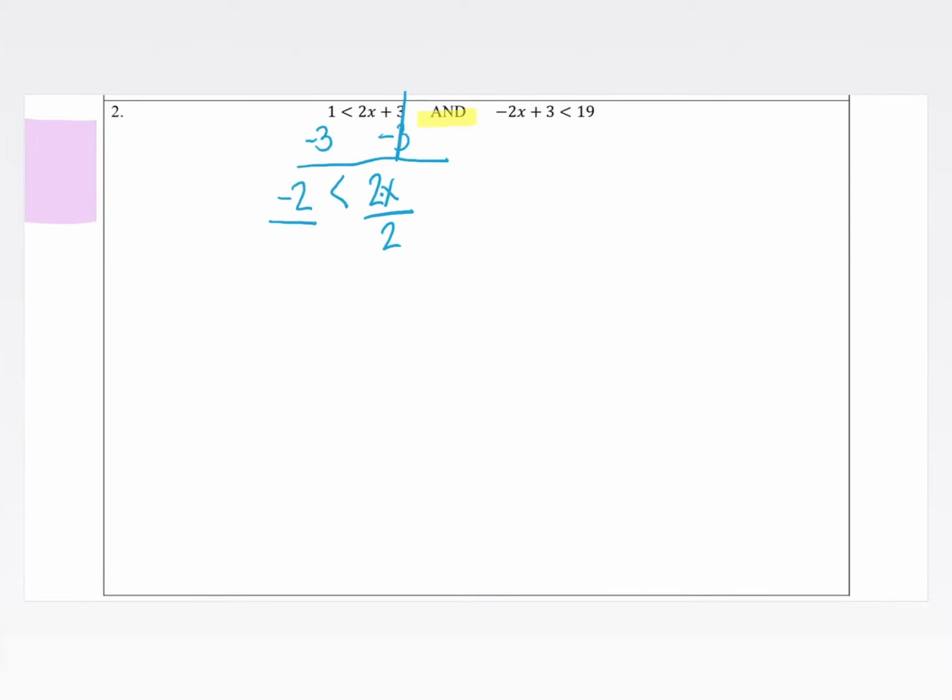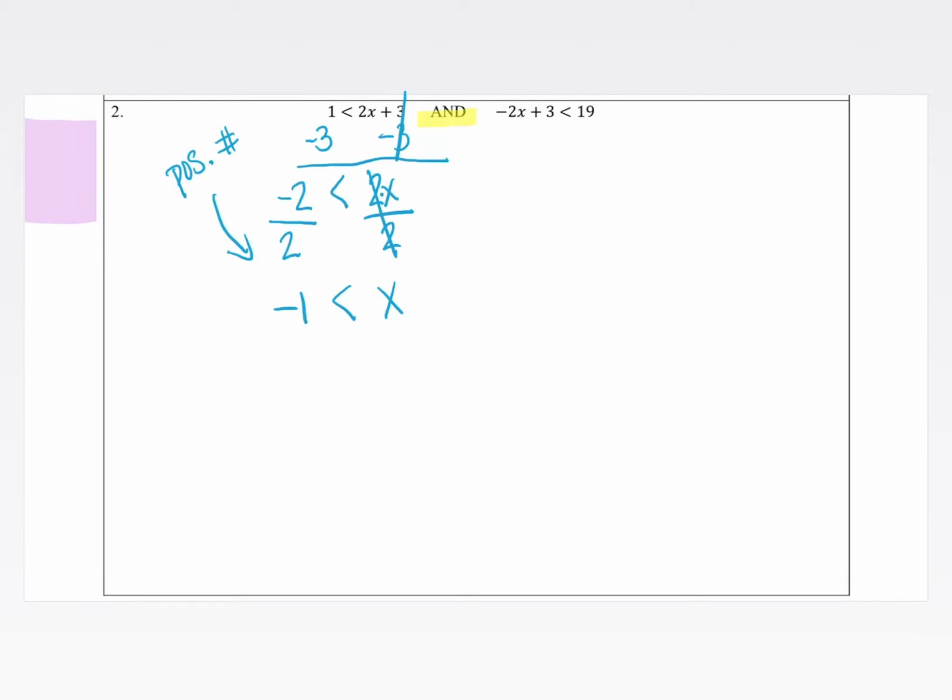So we're going to divide both sides by that positive 2. 2 divided by 2 is 1, so we're just going to be left with x. Now we have negative 2 divided by 2 on the left-hand side, which gives us negative 1. Because we're dividing by a positive number here, we do not need to change our inequality sign.